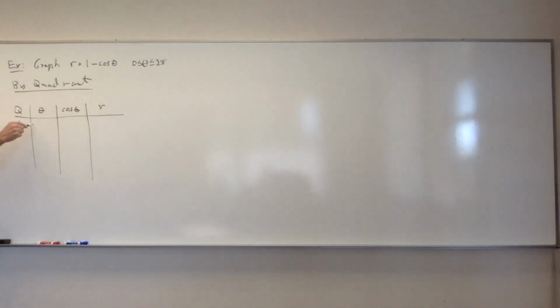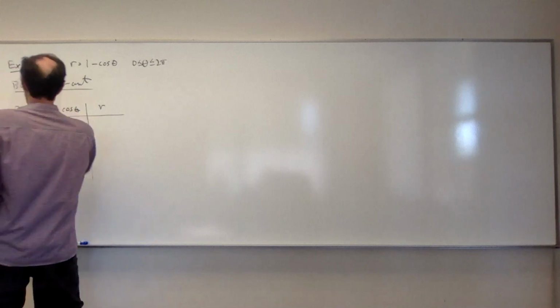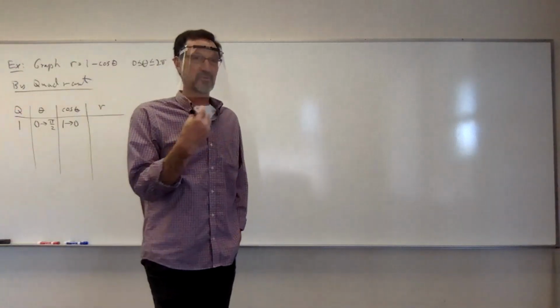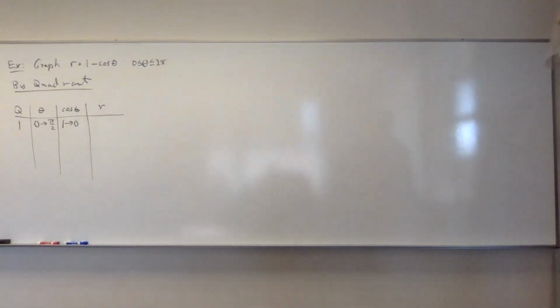So the first quadrant, theta goes from 0 to pi over 2. I think in the later examples, my colleague Nick did a very similar thing. The cosine of 0 was 1, and at pi over 2, it's 0. So I analyzed by quadrants because the cosine has a real simple, predictable behavior. In this case, it goes from 1 to 0.